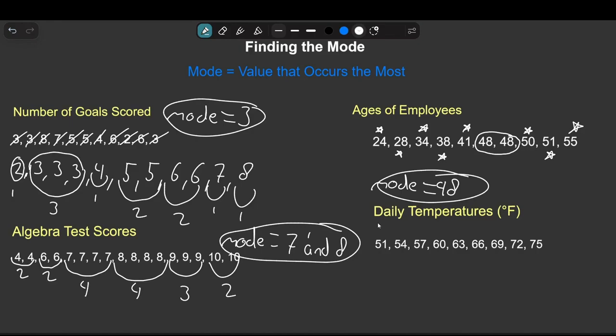Remember I said there can also be no mode. So I'm going to show you why this one has no mode. Let's mark them up with dots this time.